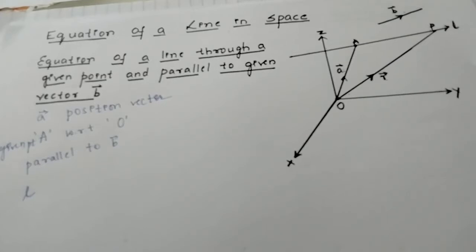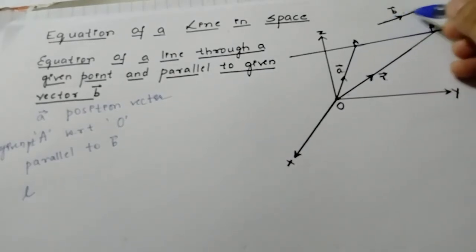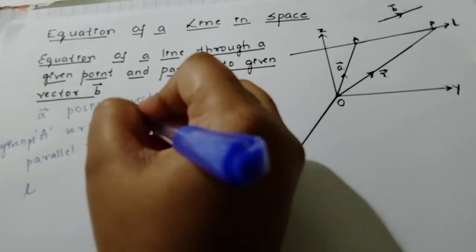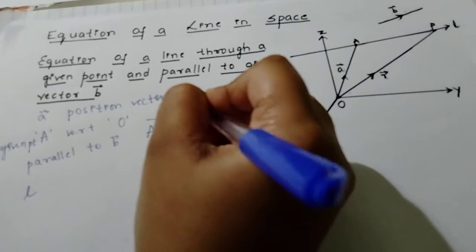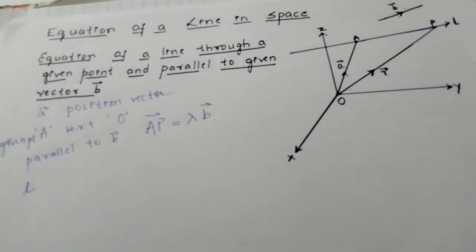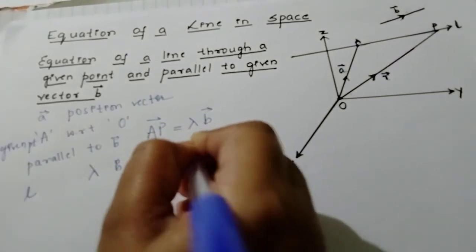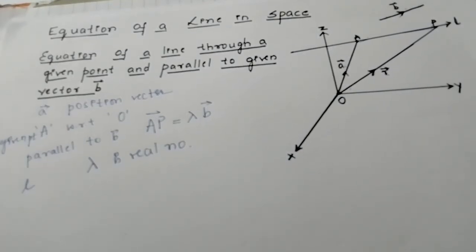Next, we know that AP is parallel to the vector b, correct? So I can write the vector AP is equal to lambda times b, where lambda is a real number, any real number.